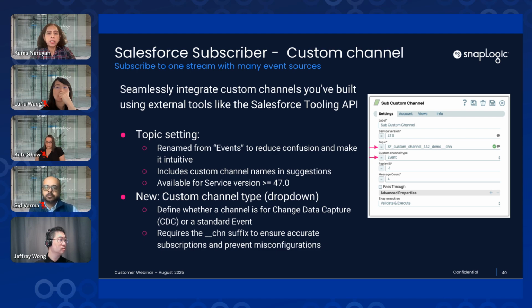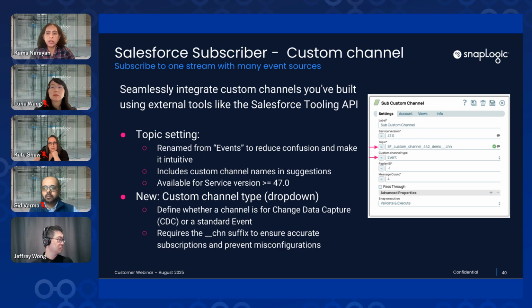The first one is an update to the Salesforce Subscriber snap, where you now have the ability to subscribe to custom channel events. Salesforce allows you to create events and subscribe to them, but there are also custom events that can be defined in Salesforce through external tools like the Salesforce Tooling API.